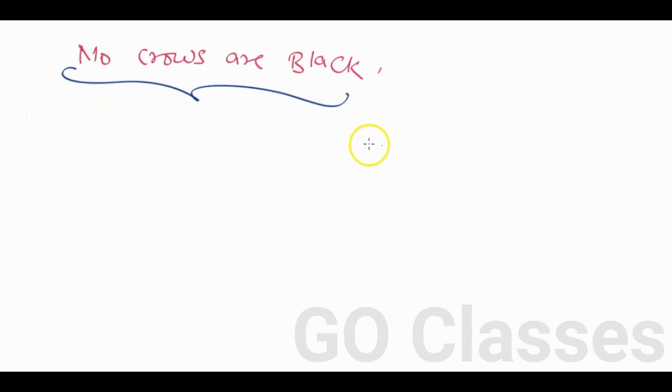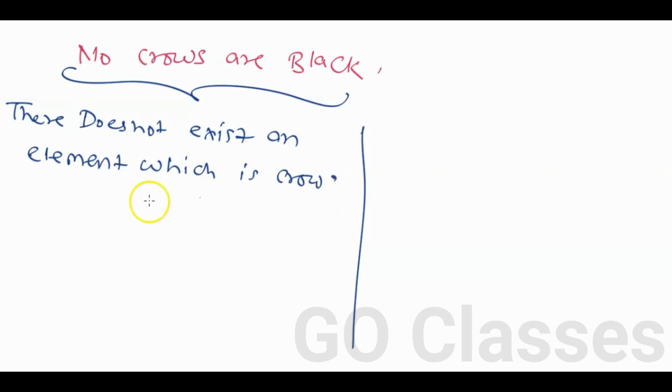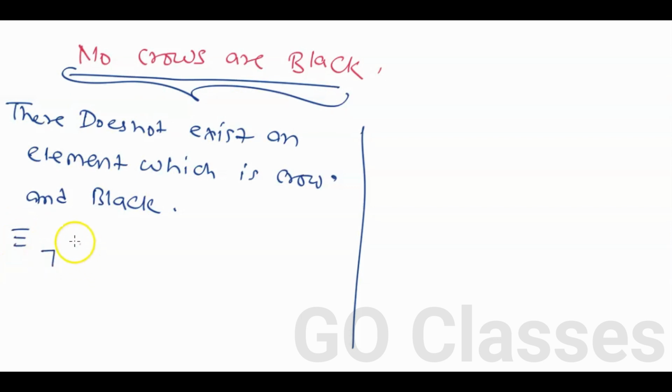So I can write this statement as: there does not exist an element which is crow and black. Because this is saying no crows are black, it means there does not exist an element which is crow and black.